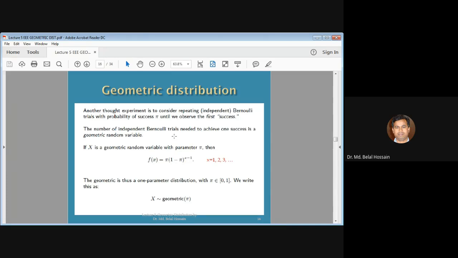Bernoulli trials mean when you have 2 possible outcomes, success or failure. Anything you can devise success and failure when you have 2 possible outcomes only. So those sort of trials are Bernoulli trials.